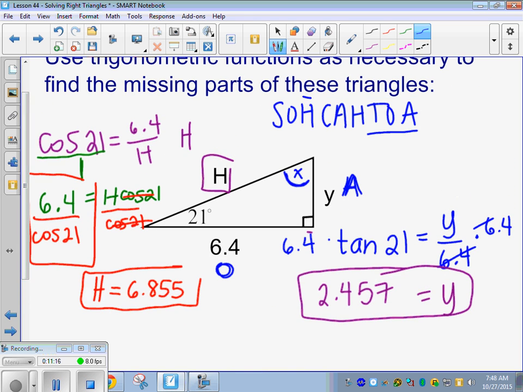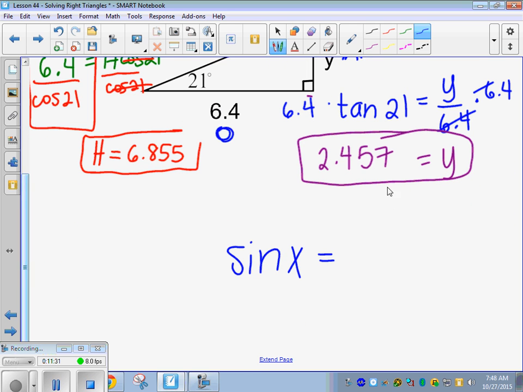So opposite over hypotenuse. So I have to write that fraction. So Chloe, which side is opposite? The 6.4. And we solved for h a minute ago, right? So Nate S, what is h equal to? So we're doing opposite over hypotenuse.